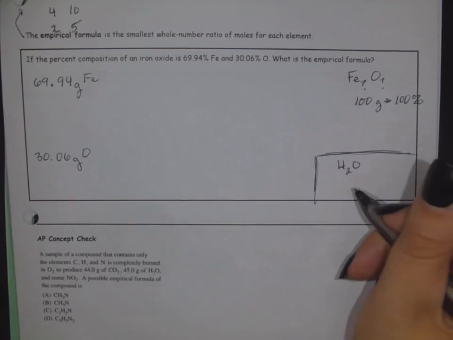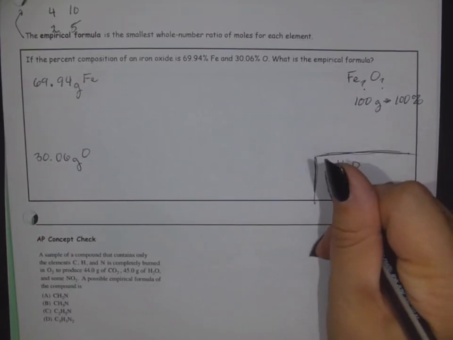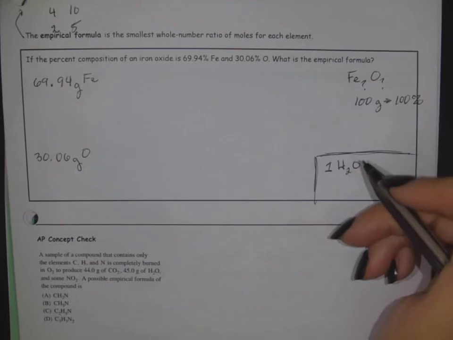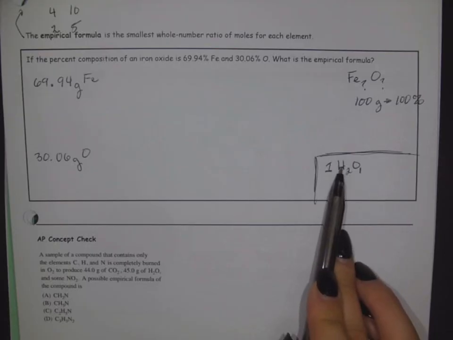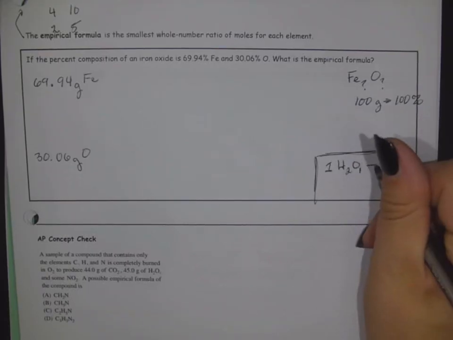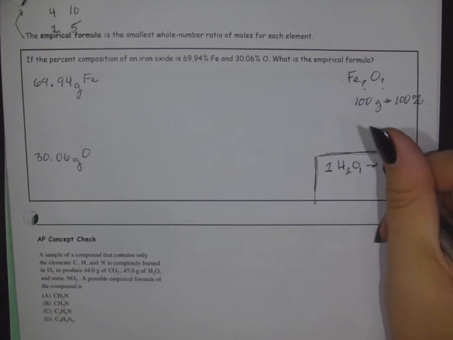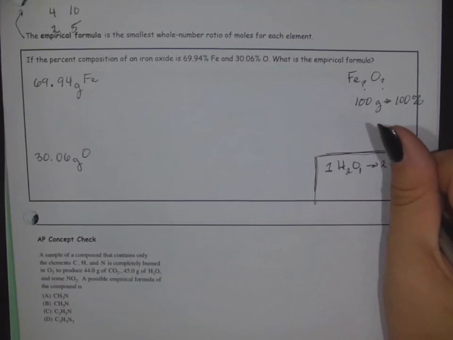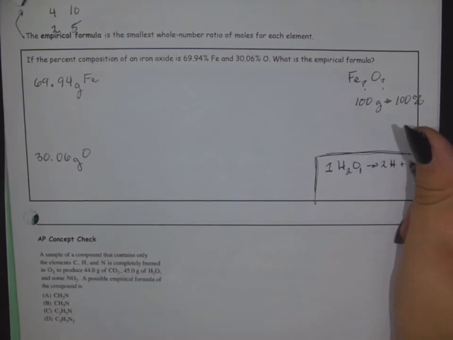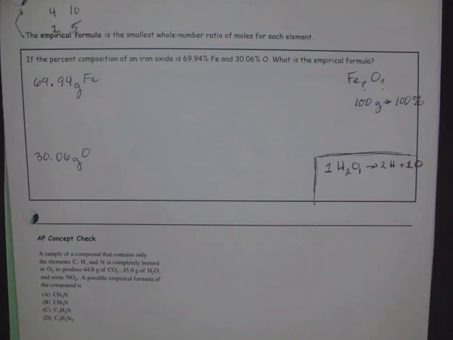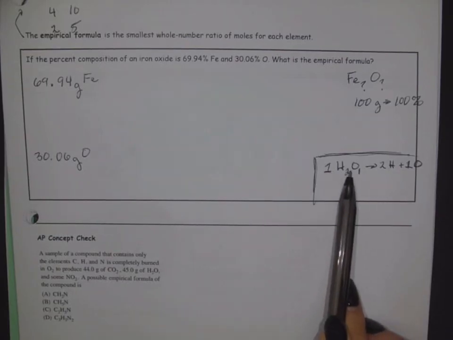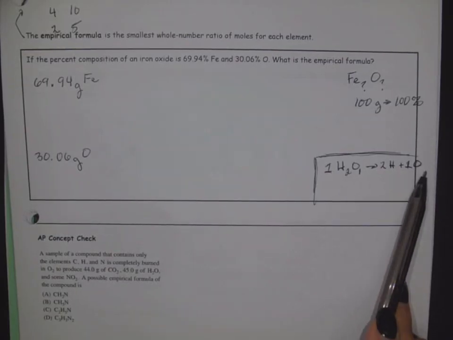We know there's a coefficient of 1 in front of this, we just don't tend to write it down, and there's also a subscript of 1 with the oxygen. So 1 mole of H2O could turn into 2 moles of H plus 1 mole of O, in its simplest form, just the individual atoms. That 1 H2O can break into 2 hydrogens and 1 oxygen.